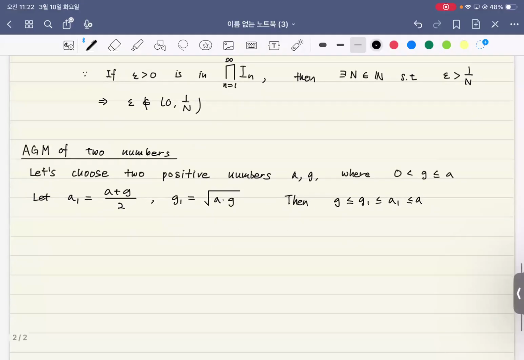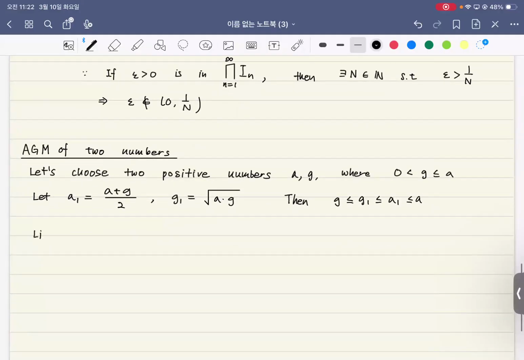And we can keep going on like this. A(n+1) is (An plus Gn) over 2, and G(n+1) is the square root of An times Gn. So we have the recursive relation. Therefore A2 is the arithmetic mean of these two numbers, and G2 is the geometric mean of these two numbers.